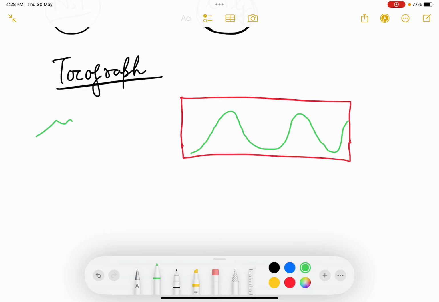Now at the very onset I would like to tell that if this is the mother's abdomen and this is the uterine height, then where do we place the toco probe and where do we place the fetal heart rate probe? So consider the side where there is the fetal back. Okay, this is the fetus and these are the limbs. This is a cephalic presentation. So the side where there is the fetal back, on that side we will estimate the spino-umbilical line.